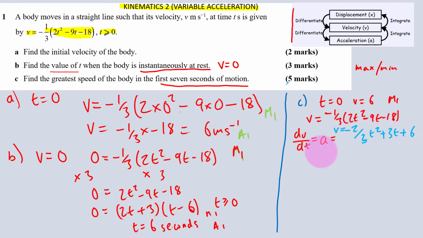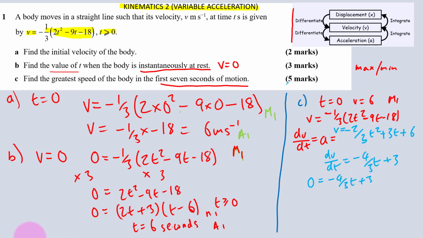So dv/dt, which is almost like doing a second derivative to find a maximum or minimum value, is going to be multiplied by the power, so that's minus 4 over 3 t plus 3. Now remember, we set it to 0 and solve.